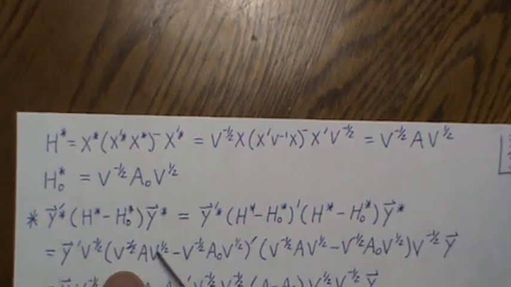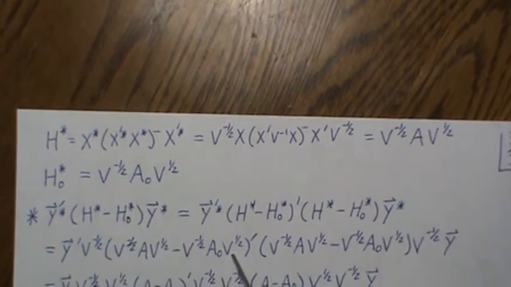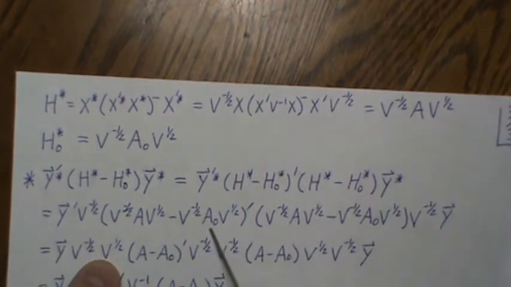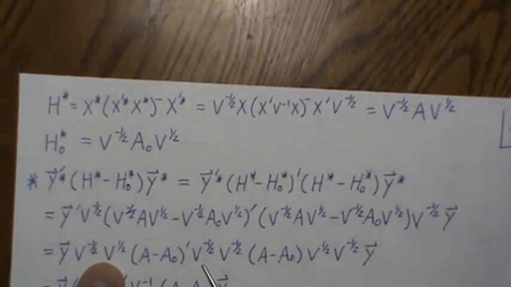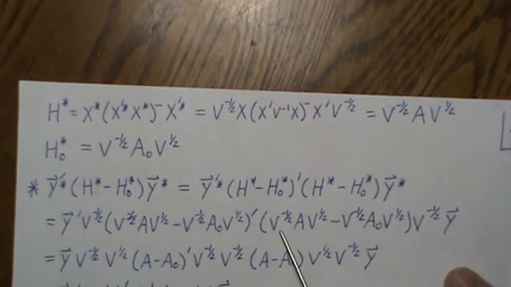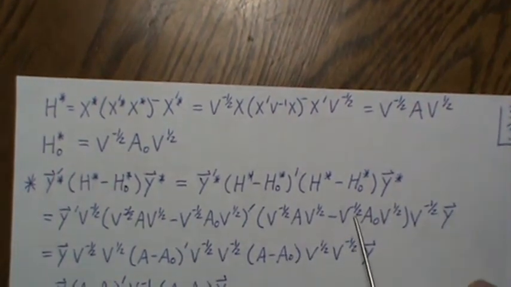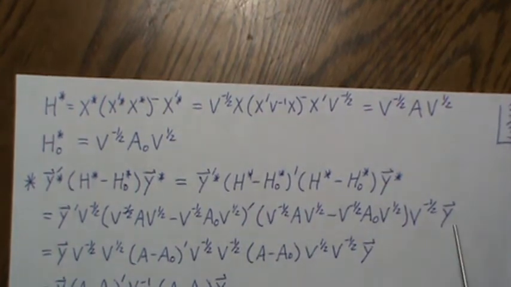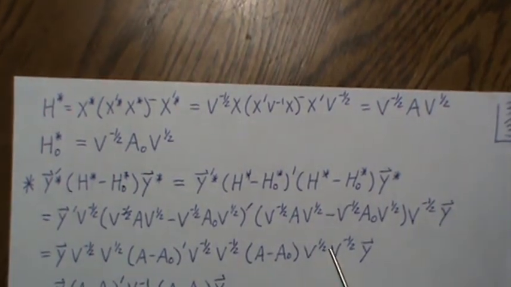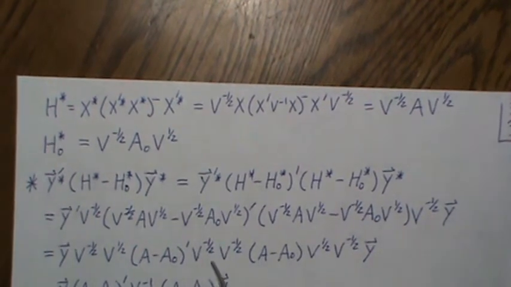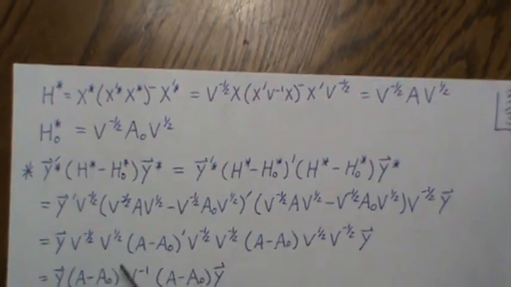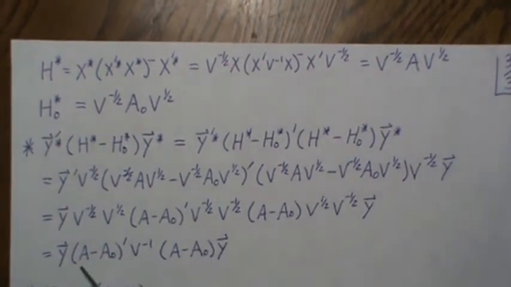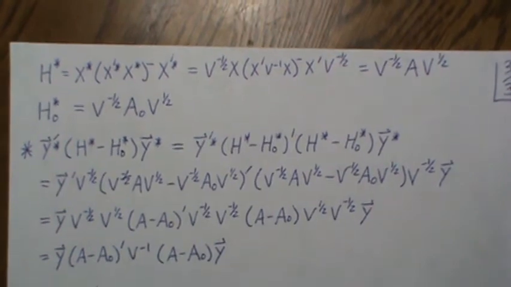So when we left factor out a V to the 1/2 and right factor out a V to the -1/2, we get this. The same here: we left factor out a V to the -1/2, and we right factor out a V to the 1/2, and we get this. So this is the identity matrix, that's V inverse, and that's the identity matrix, so we're left with this. And then we're finished. Everything is in terms of the weighted least squares regression.